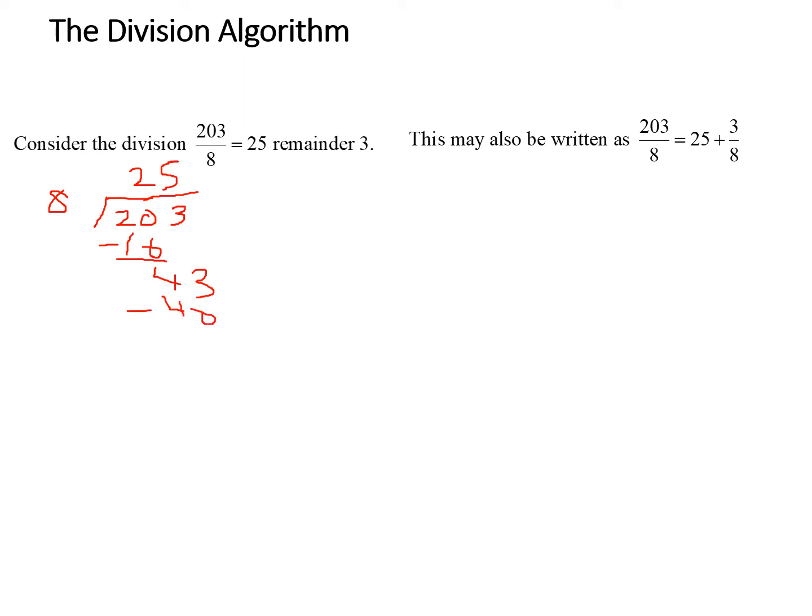Right? This is normal division, just to show you what a division algorithm is. And the remainder is 3. So you can write your answer as 203 over 8 simply means 25, and then the remainder 3 over the divisor, which is 8. Okay, you can also write it this way.